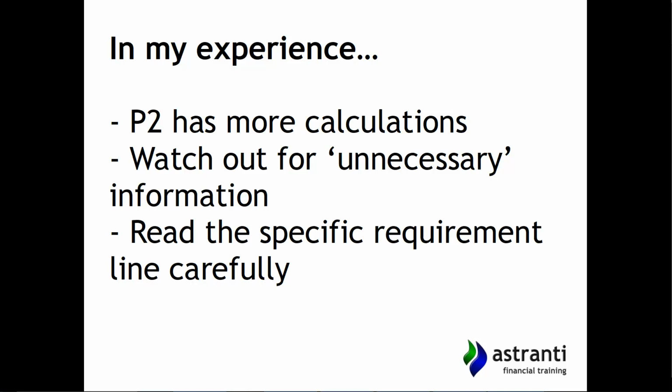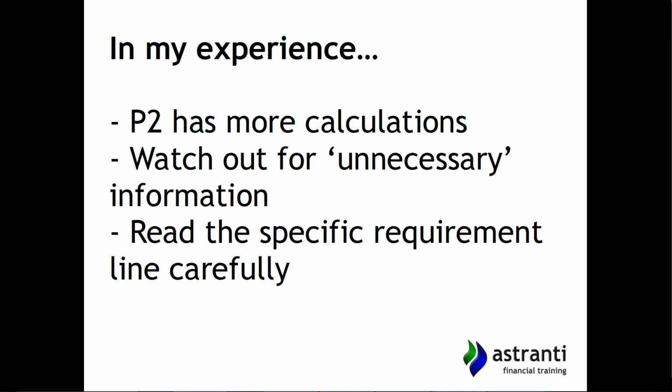And finally, make sure you always read the specific requirement line carefully. A lot of students will skip through the question, they'll pick out some bits of information, and they'll assume what the requirement is. As a result, they'll answer the question they think they have gotten rather than the question that they have actually gotten. Sometimes the specific requirement line will just change the focus of the question in a way that you perhaps didn't anticipate given the information that preceded it.